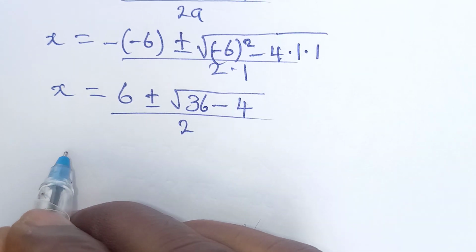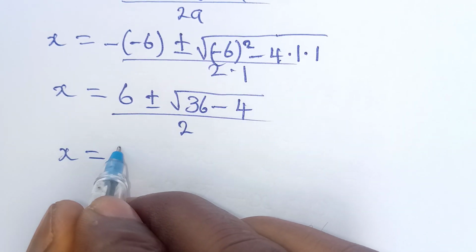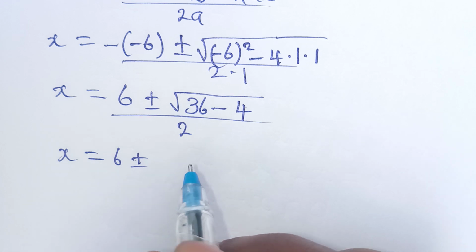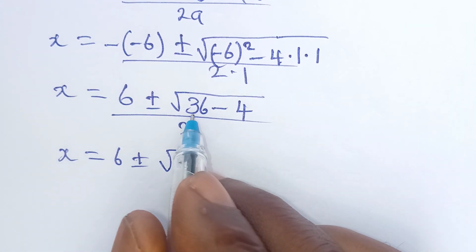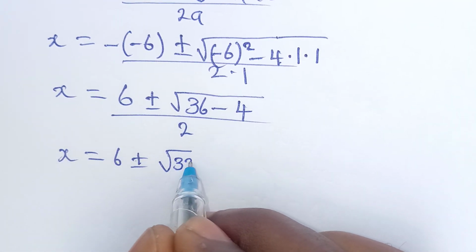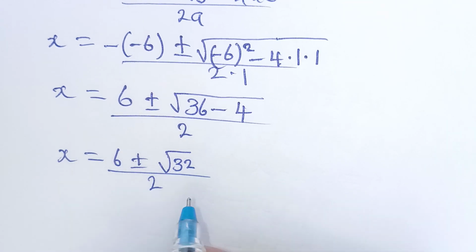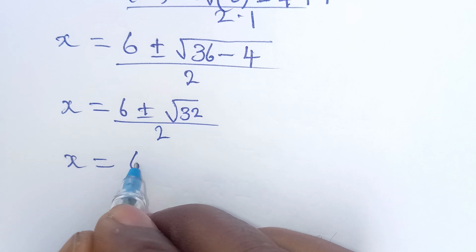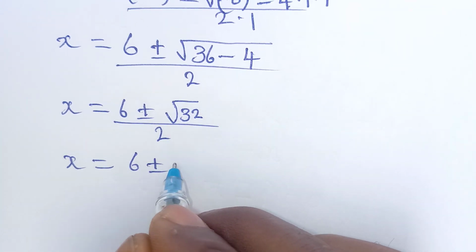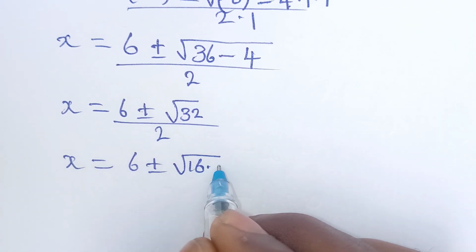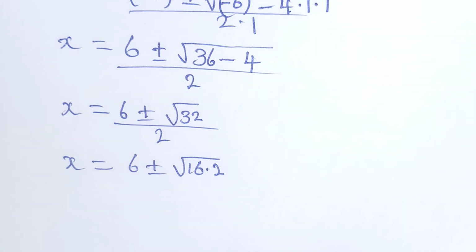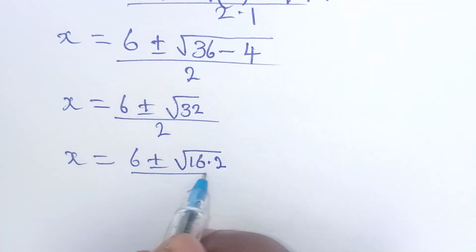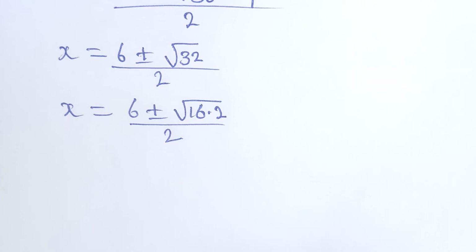Now, to continue with this, x will be equal to 6 plus or minus square root of 36 minus 4, and that is 32. This is all over 2. To continue, our x will be 6 plus or minus square root of 16 multiplied by 2, because 16 is a perfect square. This is all over 2 as well.